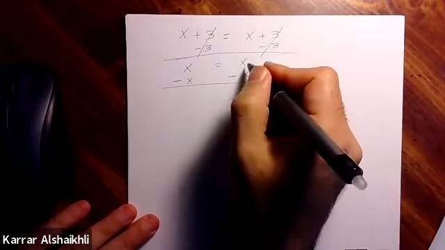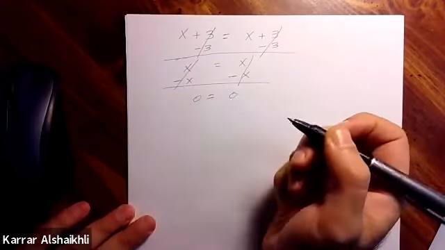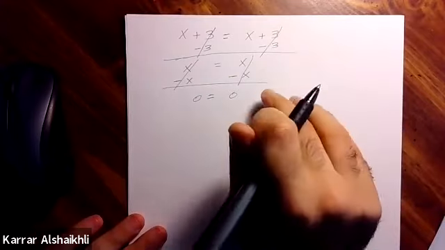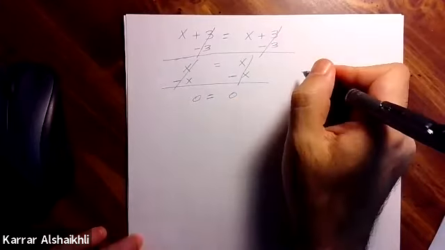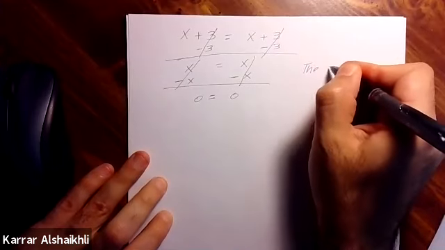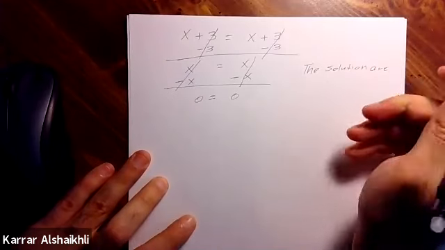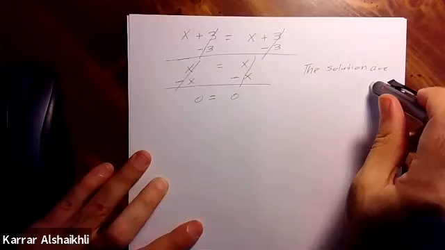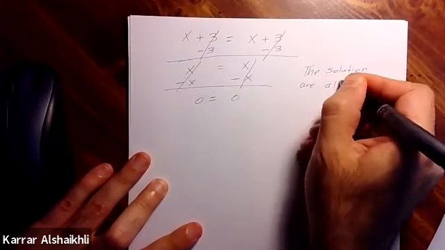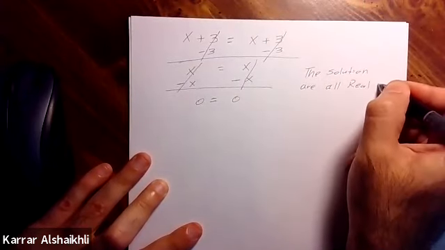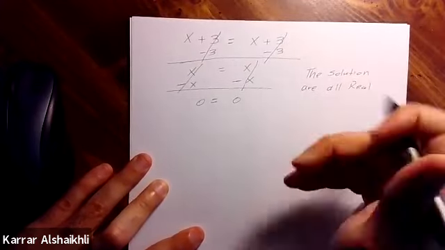What's going to happen here? This is going to be 0. This one is going to be 0. So 0 equals 0. That's why you will see this equation is an identity, and the solution you can write down here on the side is all real numbers.